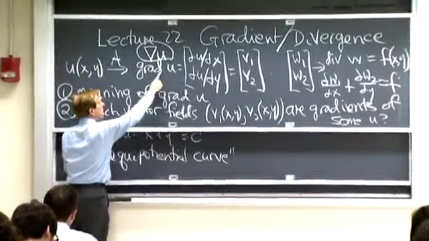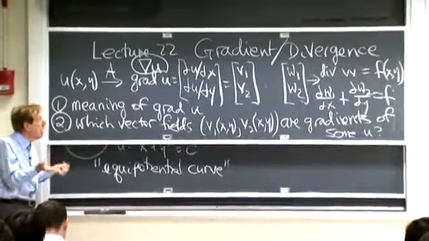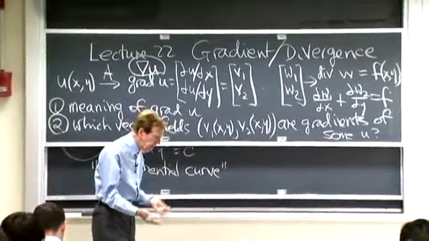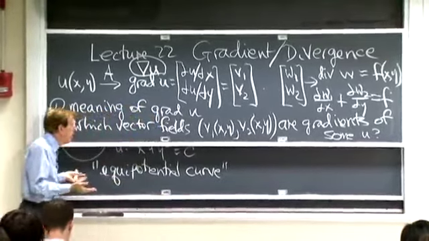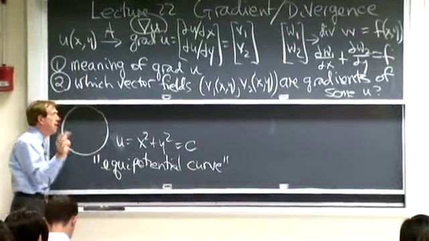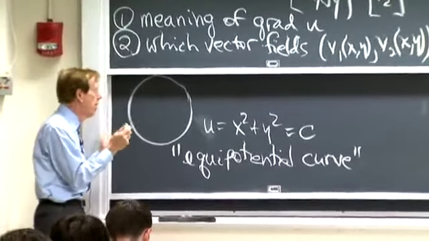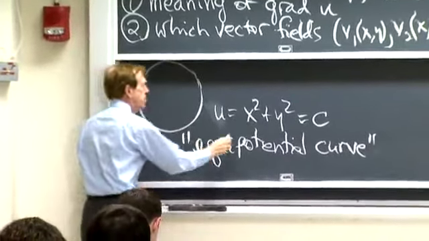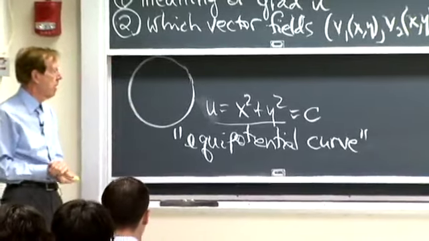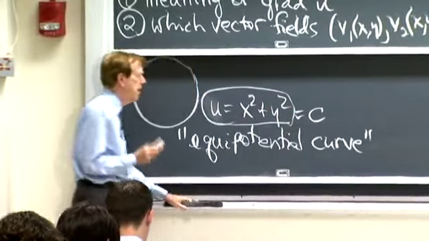Okay, meaning of the gradient. So the gradient is just the obvious thing, the two derivatives in the x and y direction. So of course, the gradient gives you the rate of change, the partial derivatives of u. But how do you see that in a picture? Let me draw an important curve. I'll start with a very simple u. U is x squared plus y squared. So that's my example 1.